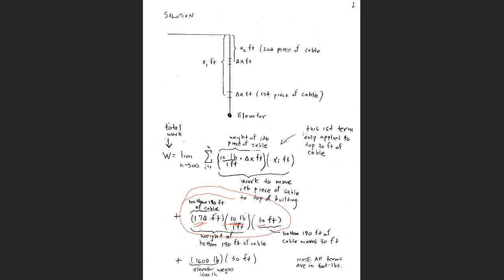Let me just check, do I have an error here? Hold on. No, that's good. 170 times 10 times 30 is 51,000. That's where that came from. Okay, good, and you're welcome.